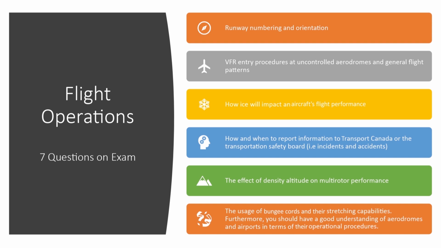Flight operations. We are now at flight operations. This section has 7 questions. In preparation for your study, know the following: runway numbering and orientation, VFR entry procedures at uncontrolled aerodromes, and general flight patterns, how ice will impact an aircraft flight performance, how and when to report information to Transport Canada or the Transportation Safety Board, i.e. incidents and accidents, the effects of density altitude on multi-rotor performance, the usage of bungees and cords and their stretching capabilities.